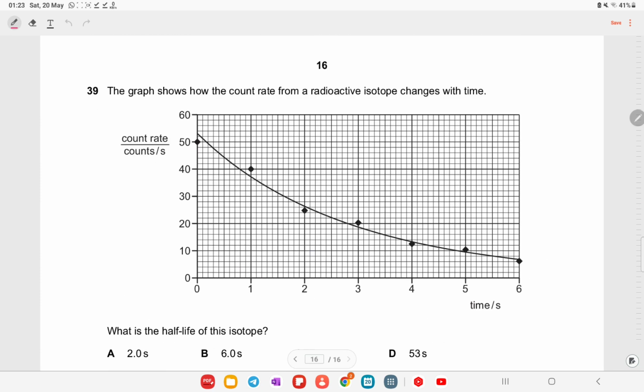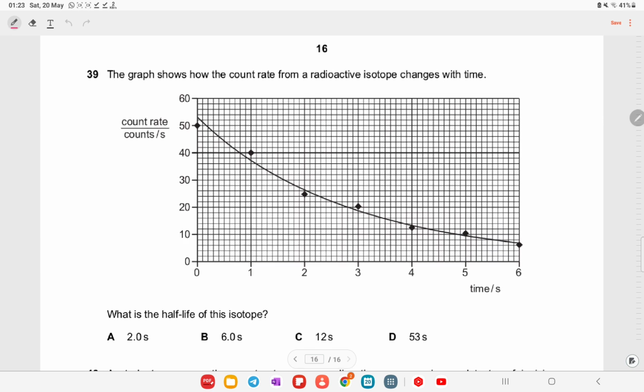The graph shows how the count rate of a radioactive isotope changes with time. What is the half-life of this isotope? Okay, this we have to calculate. You can check the graph. This is like 52 and this is 53. Divide 53 by 2, which is 26.5.